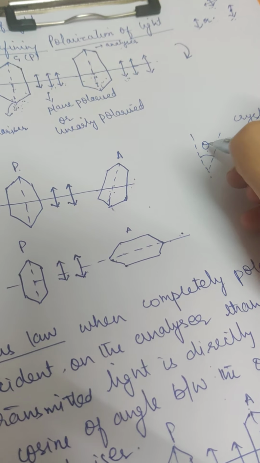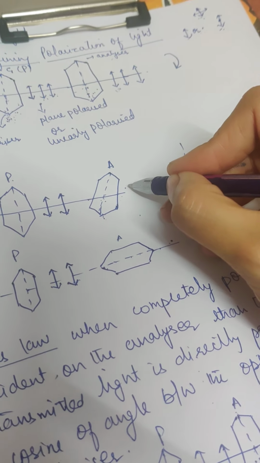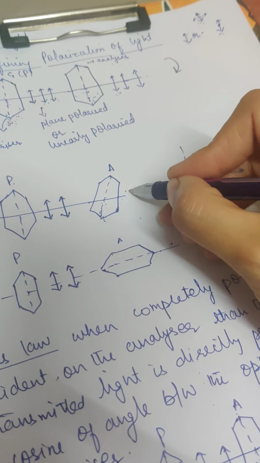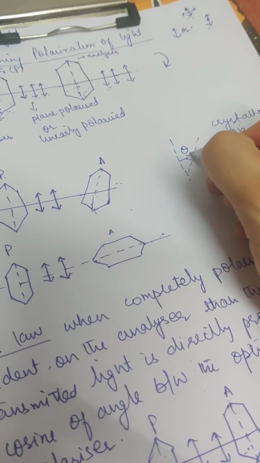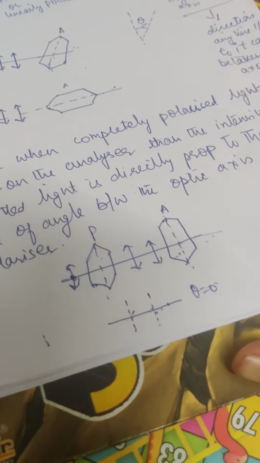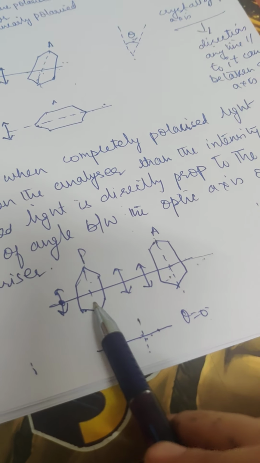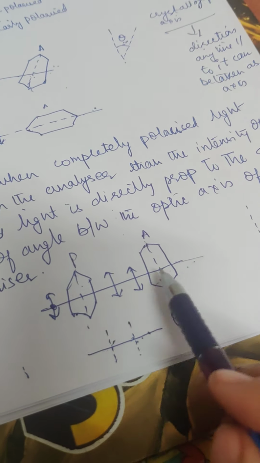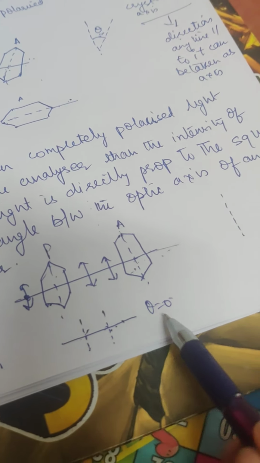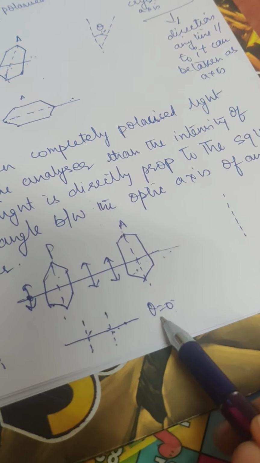The intensity of the light which we get after passing through the analyzer depends upon this angle theta, on the square of the cosine of the angle theta. Now see, beta, when both the analyzer and the polarizer are parallel to each other, the angle between them, theta, is 0 degree.